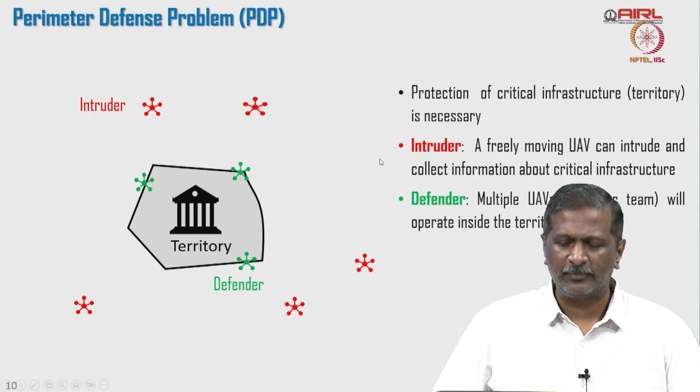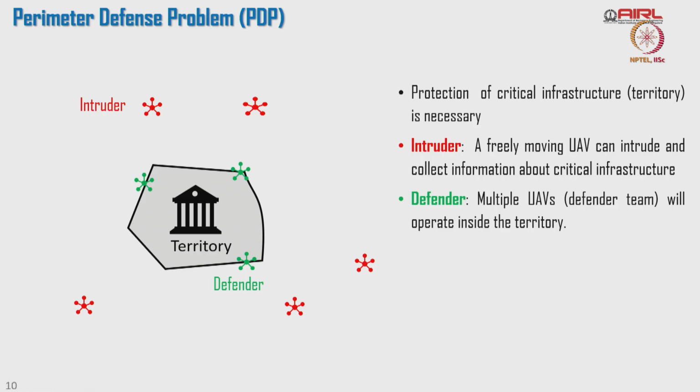So, what I do to prevent this, I need to have a defender. The green UAVs are the defenders. There are multiple UAVs. These UAVs operate on the perimeter of the territory, the black line, right. They need to identify which drone is an intruder and where he could intrude.